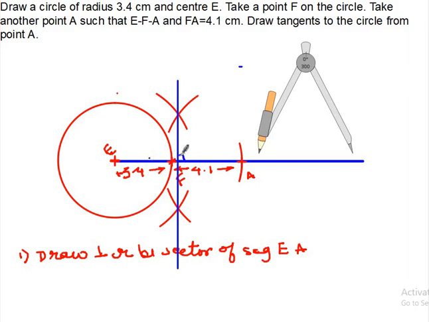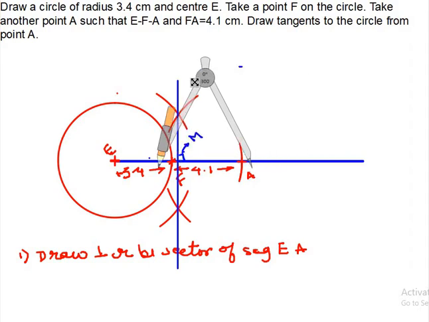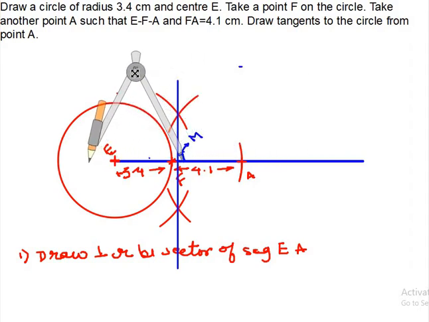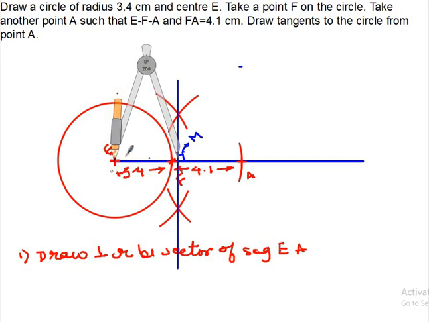Remember this thing. Don't forget to make these two signs. This is point F, here. And this point, suppose I take the point M here, I name this point as point M. Now keep the steel point on the point M, with the distance exactly equal to the distance EM.